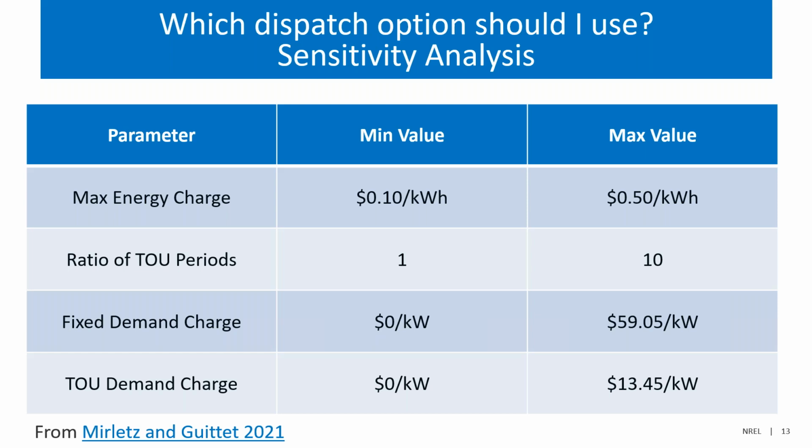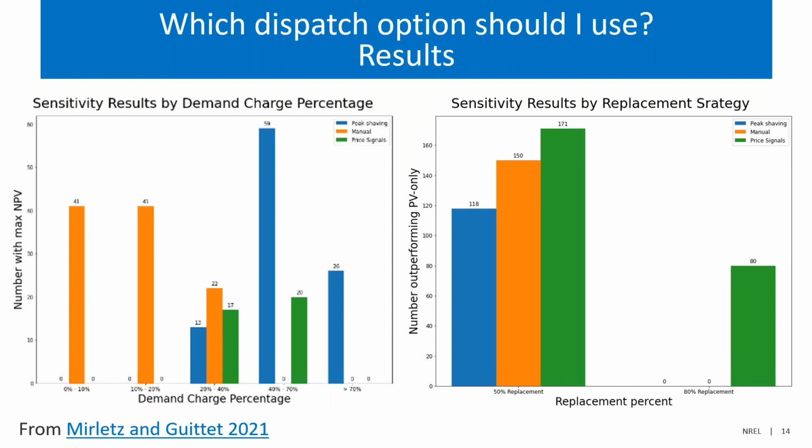Given the intermediate steps that we took on each of these, that left us with 625 different utility rates to analyze. So we took a little bit of time on NREL's supercomputer Eagle to run all these different cases with our 3 different dispatch algorithms to see which performed best.